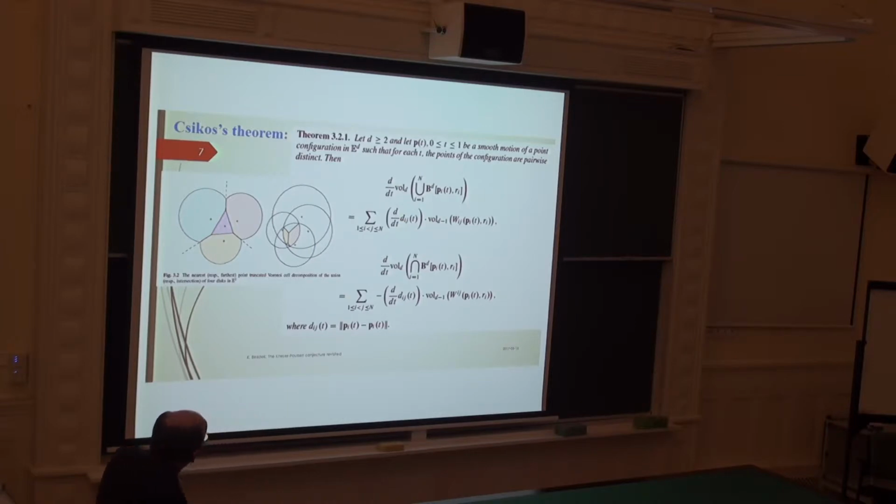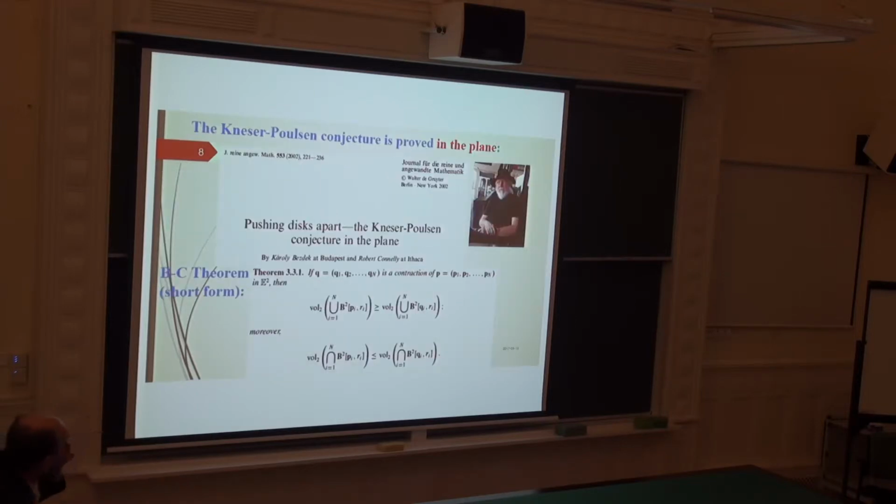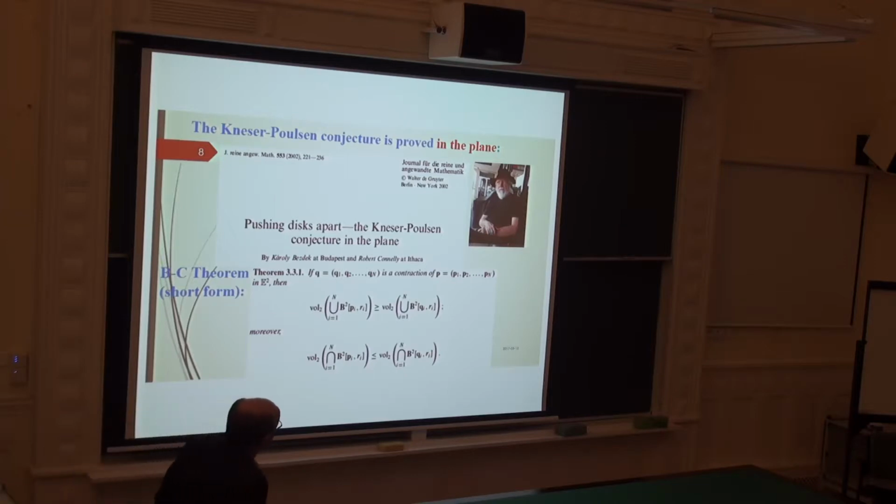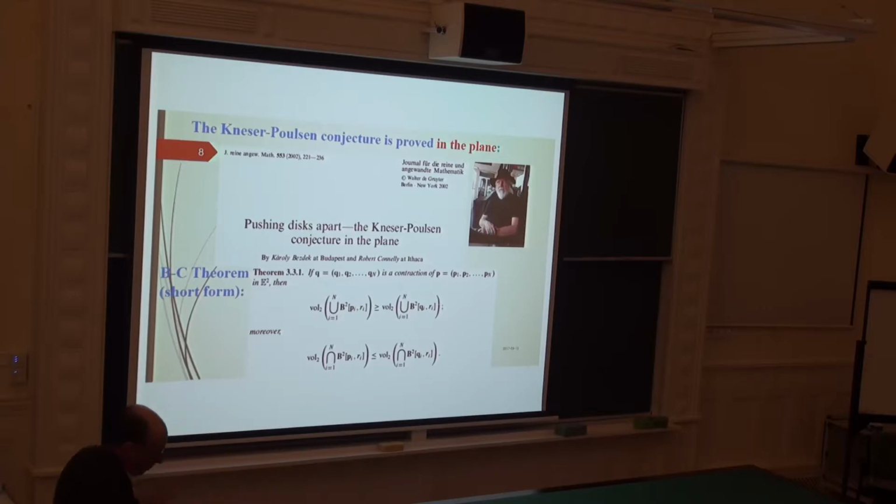Now, another fact that is known about this conjecture is on this slide. The conjecture is proved in the plane without any restriction on the type of contractions that we are looking at.